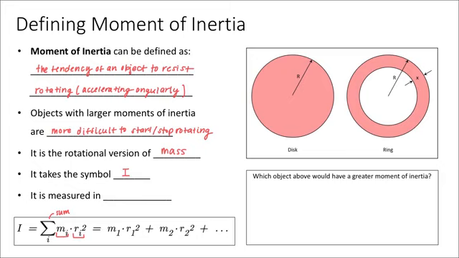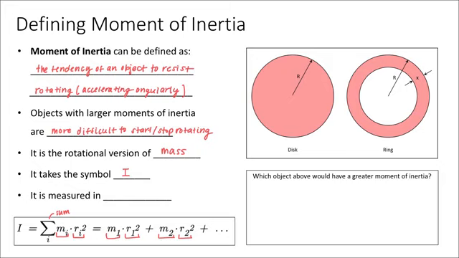And so what this is saying is add up every single little point mass on an object, take the mass of each point and multiply it by the distance of that point from the center squared. And you would do that I times, where I is the number of points. So if there's a million atoms in an object, you would do it for every atom, or really every point mass. Now this can be incredibly tedious, and we'll see on the next slide that we actually have equations developed already for standard shapes.